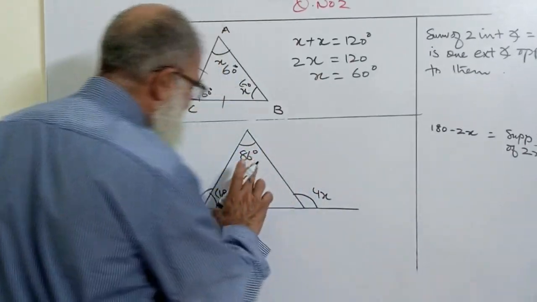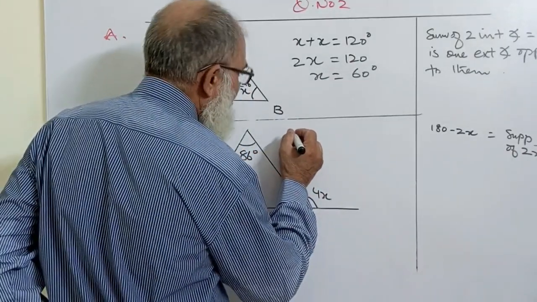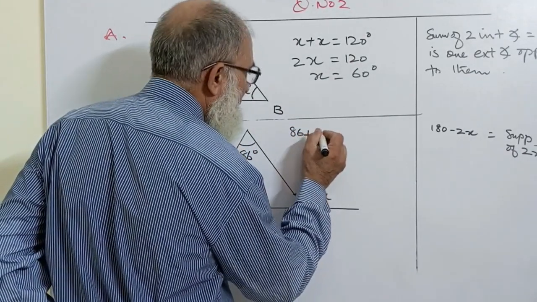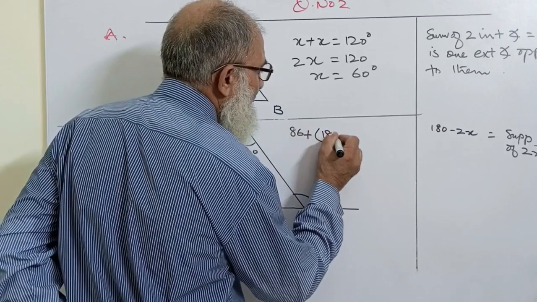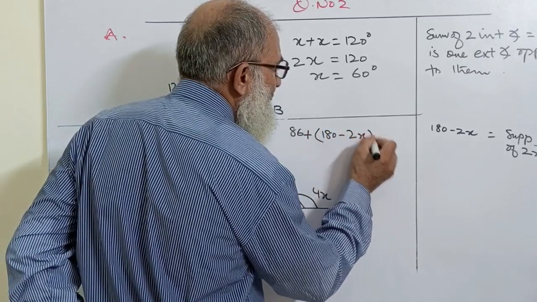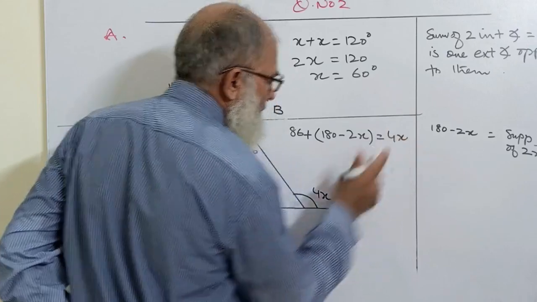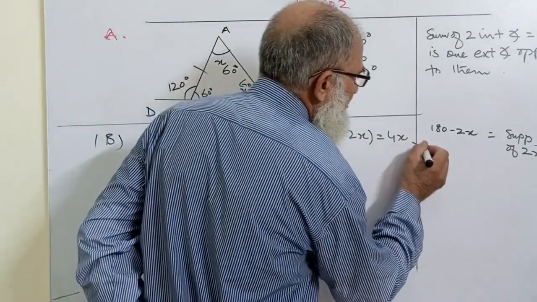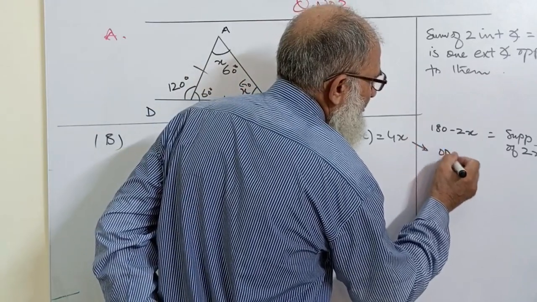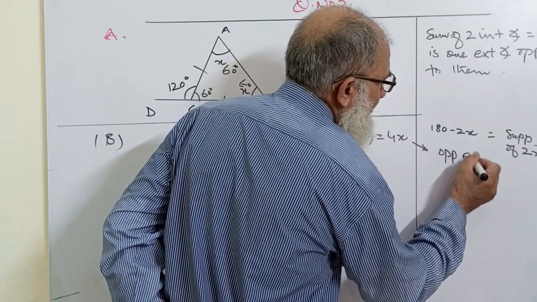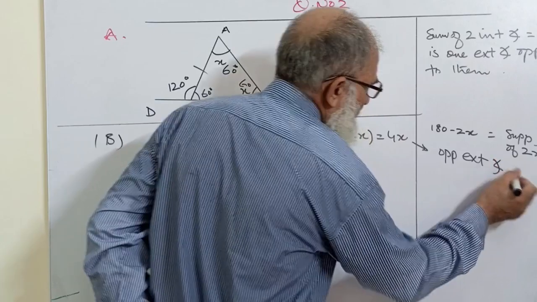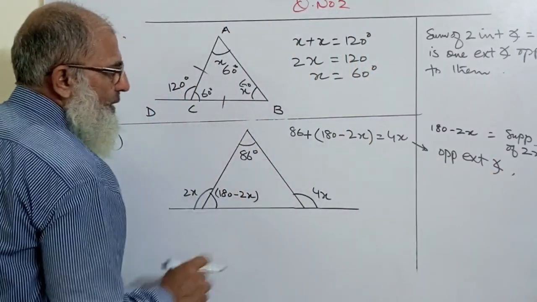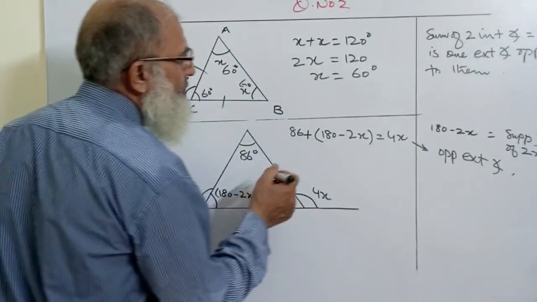So what we do, we just add them up. 86 plus 180 minus 2x is equal to 4x. Now for this, you will give the reason of opposite exterior angle. Okay, opposite exterior angle. So we will calculate it.